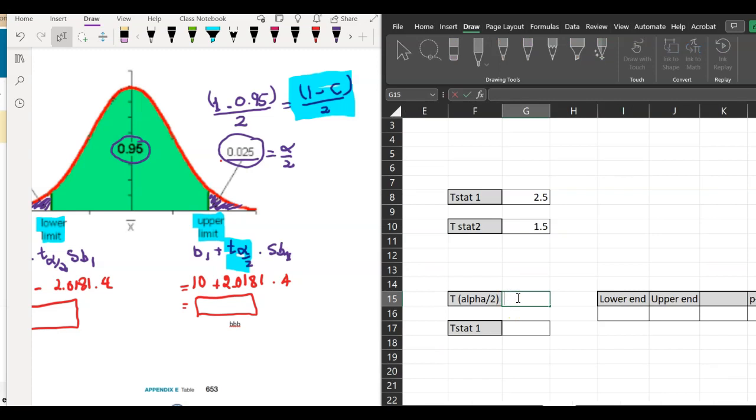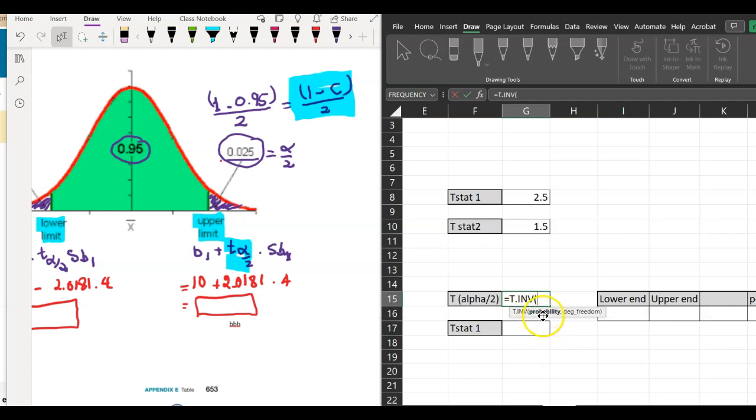So to find the T alpha over 2, we are not going to use the table. We're going to use a built-in function in Excel. So we're going to put equal sign and then T distribution dot inverse function. All right, so we're going to use the first one.